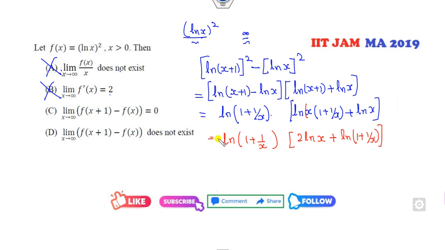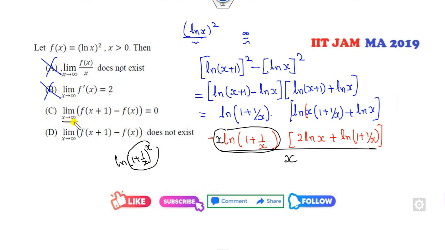Now we all know if I multiply by x and divide by x, this number will be 1. Why? Because as x approaches infinity, that will be ln of e. This is a 1. Fine. And from this case it will be 2 ln x over x plus ln of 1 plus 1 over x over x.